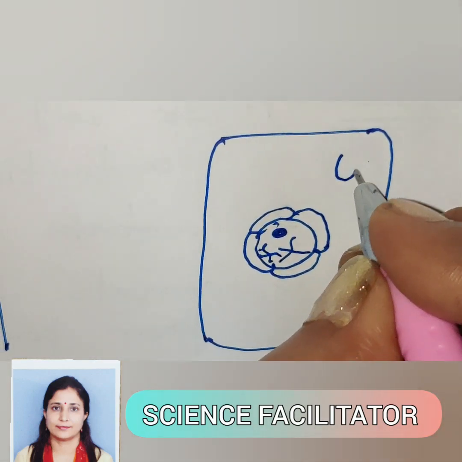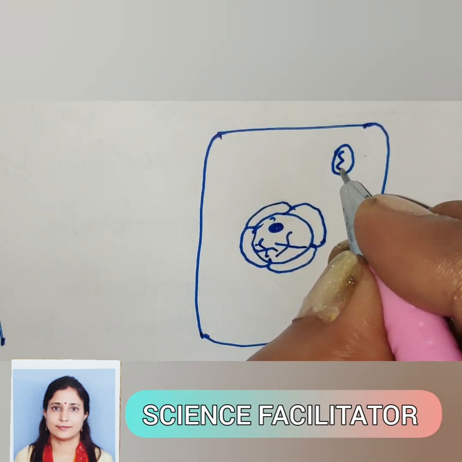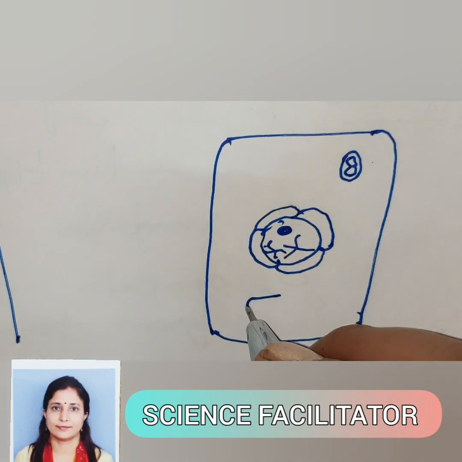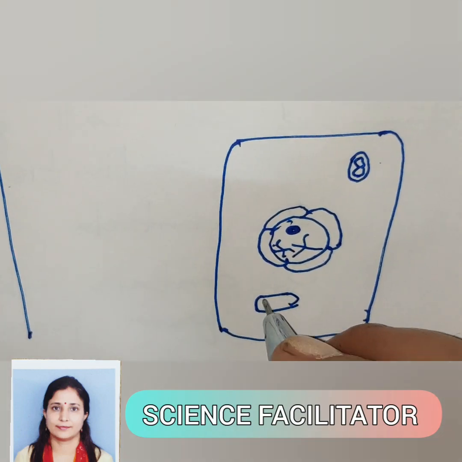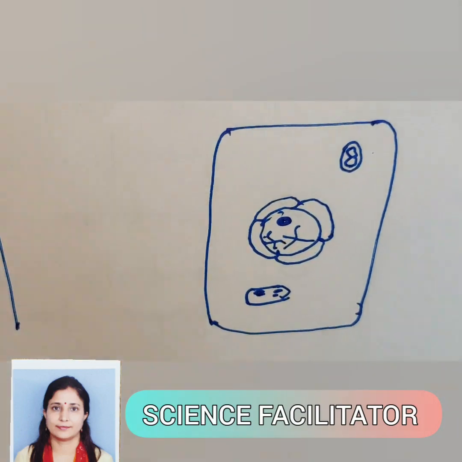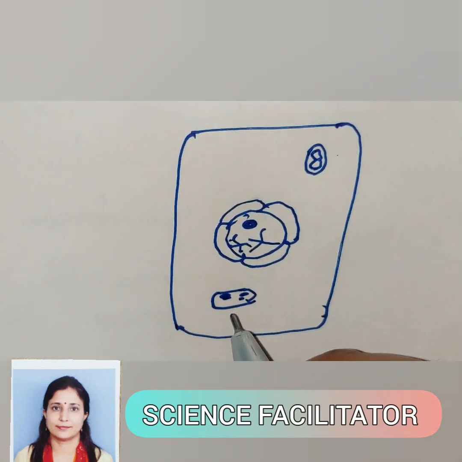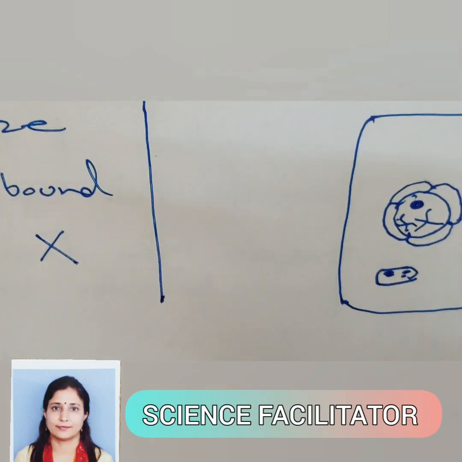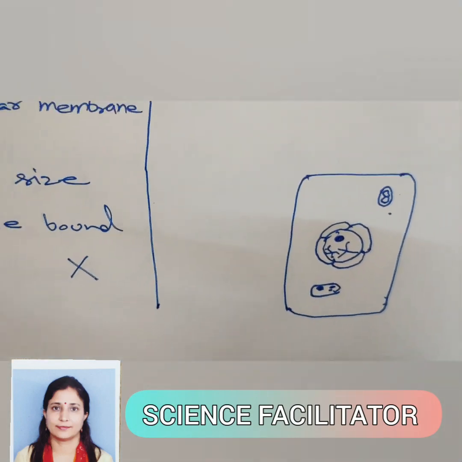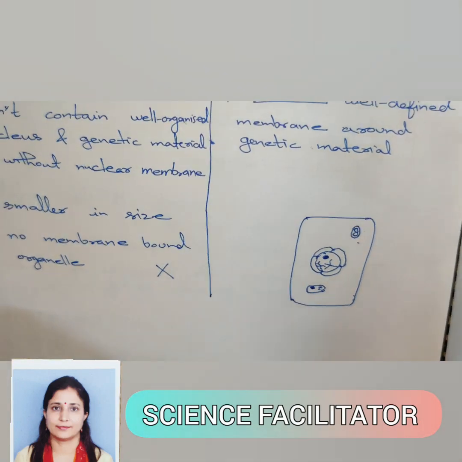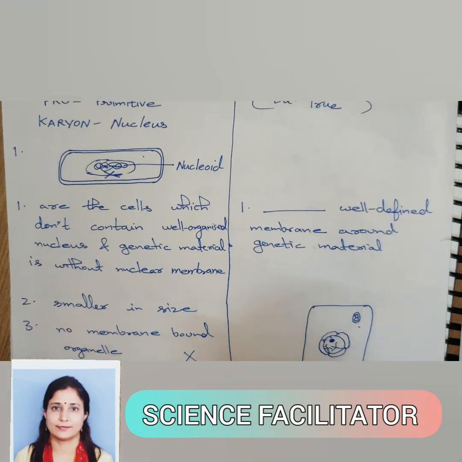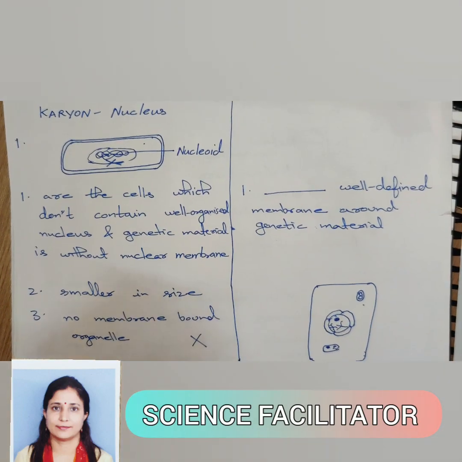Here mitochondria are there, and plastids can be there if it is a plant cell. So these membrane-bound organelles are present in eukaryotic cells, with no membrane-bound organelles in the prokaryotic cells. So these are the three main differences between prokaryotic and eukaryotic cells. Some more differences are there that you will study in higher classes.